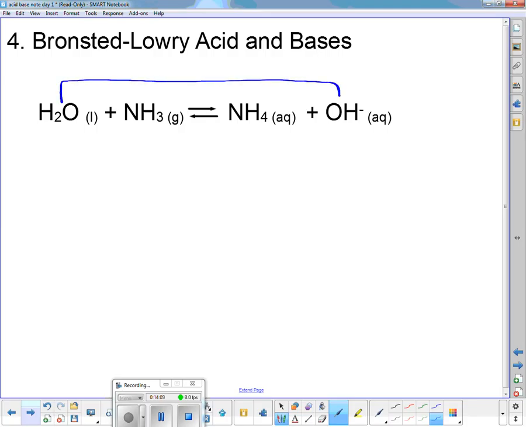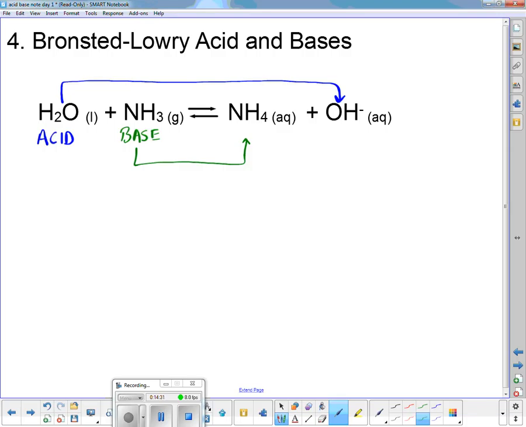So I'm going to connect them. That's known as an acid-base pair. This one is going to be my acid. Okay, and I'm changing colors. Sorry. So the other one has to be my base. So this is my base. And going from this side to this side, it gained a hydrogen, right?